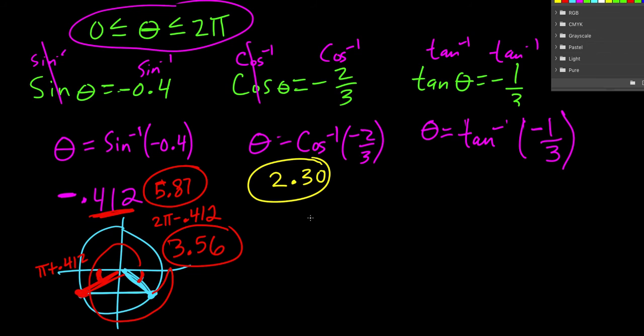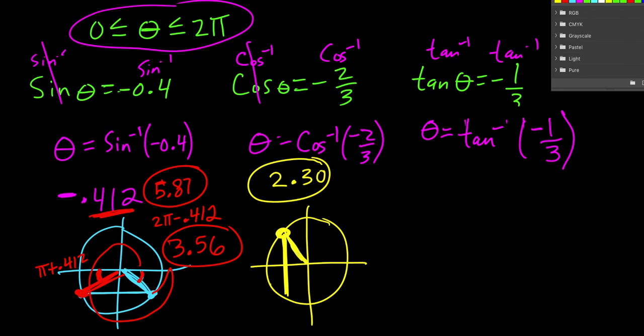Now, we need to find our other answer though. So we look at this. The original was a cosine and it was negative 2/3. And so that's an x value. And it gave us the first one. The rotation from here to here would be the same as the rotation from here to here. So we could think of it like you rotate all the way around and then back.